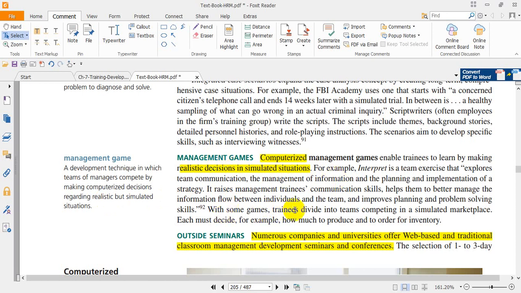With some games, trainees are divided into teams competing in a simulated marketplace.